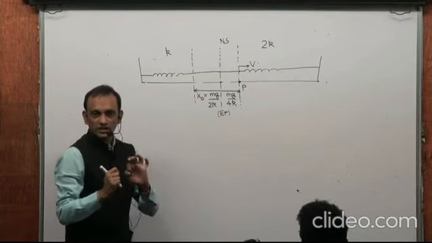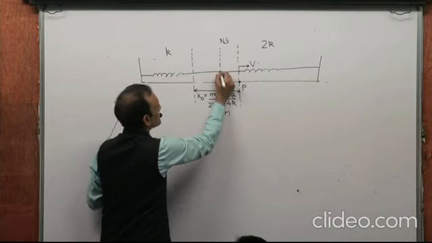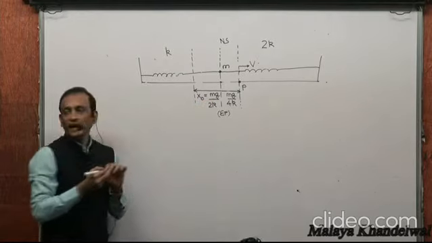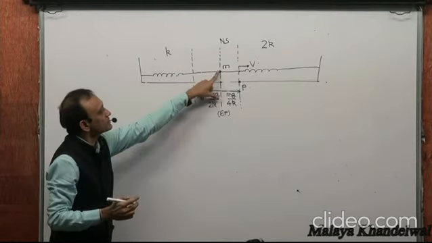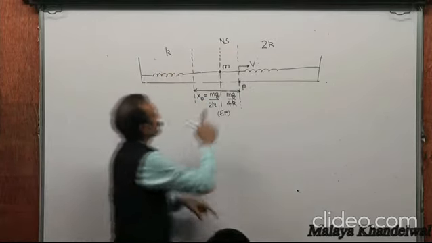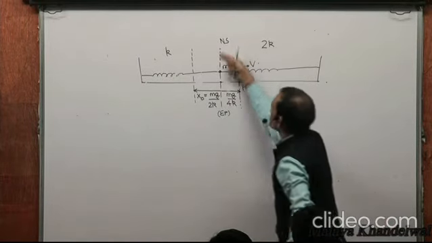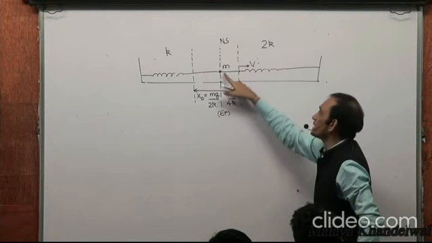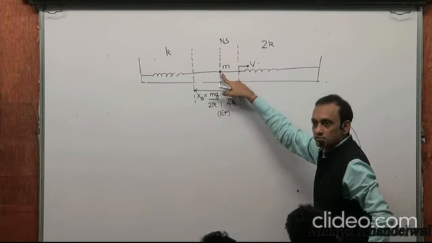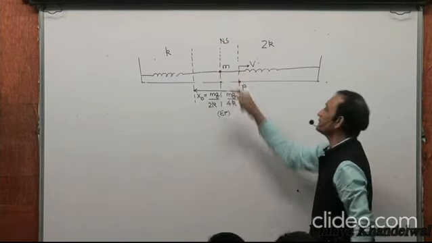The next problem is about a particle of mass m, and it's connected to two springs. This is a spring with force constant k, and this is another spring with force constant 2k. And this is the natural state for both the springs. The mass m is in equilibrium in this state. That's given in the problem, right?